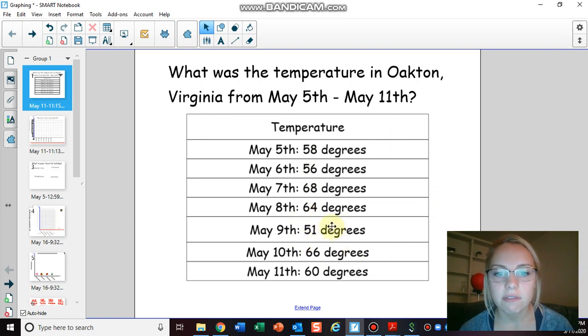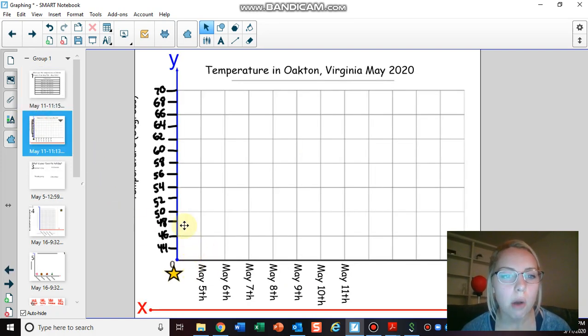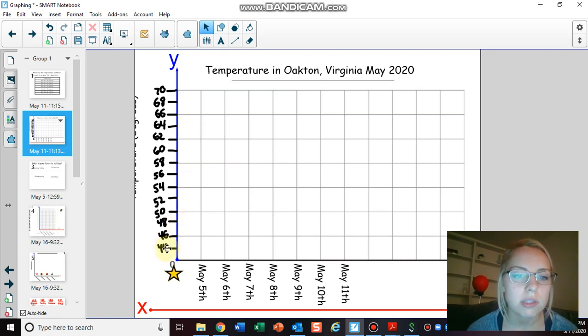In fact, 51 degrees on May 9th was our lowest temperature for that week from May 5th to May 11th. So we don't need any numbers really below 50, but I added 44, 46, 48 because we had room to put all of those numbers.